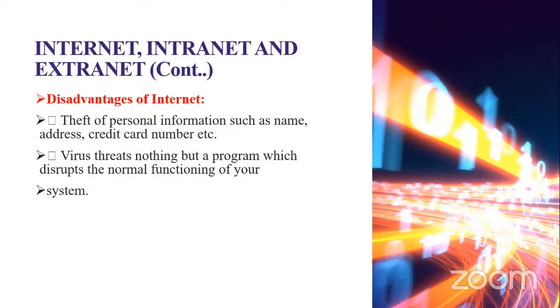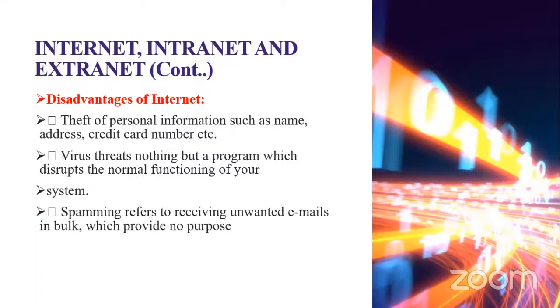That will cause our computer or device to not function well. And spamming refers to receiving unwanted bulk emails which serve no purpose. You will get lots of messages continuously. There is no use, it's a waste of time. That is also possible through the internet. That is one more disadvantage. These are the disadvantages.